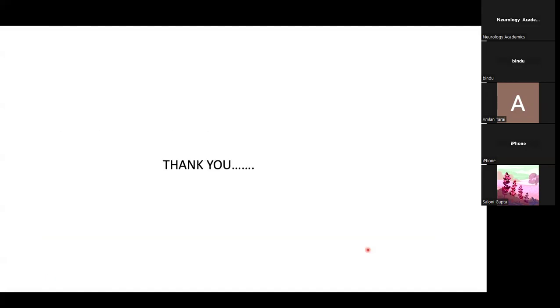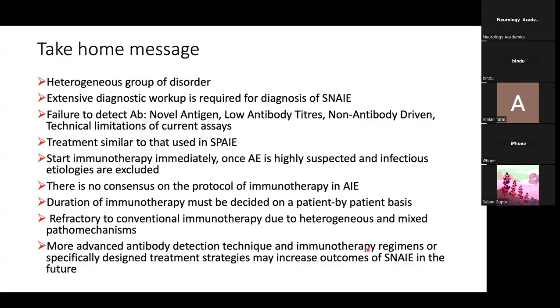The whole autoimmune process is happening, but when you have a specific antibody, it can be targeted, so that it can be given in both.